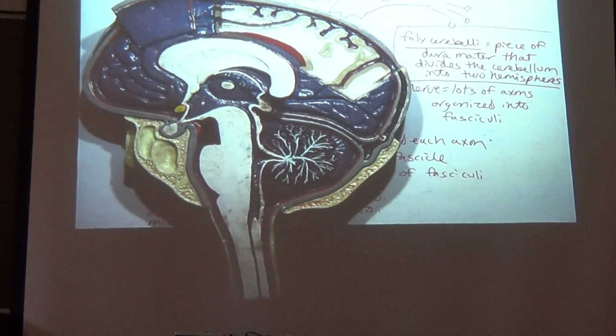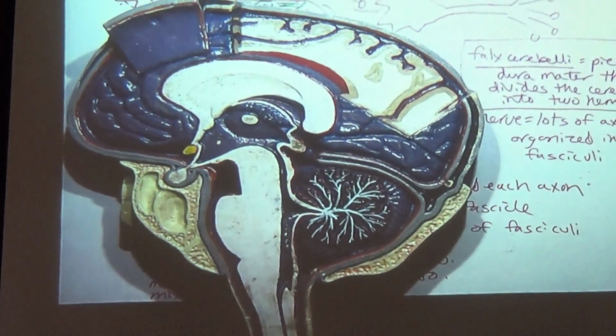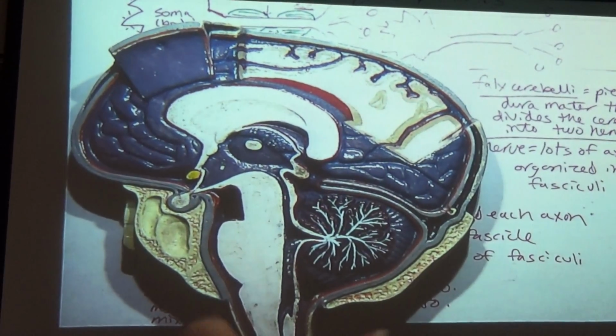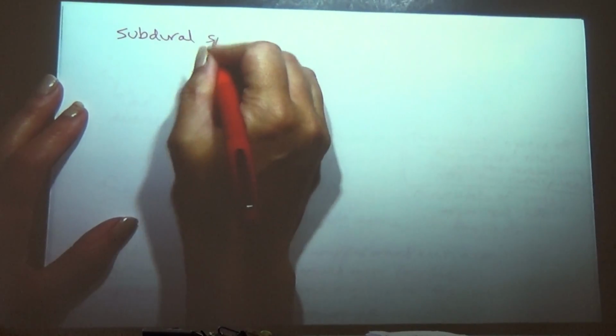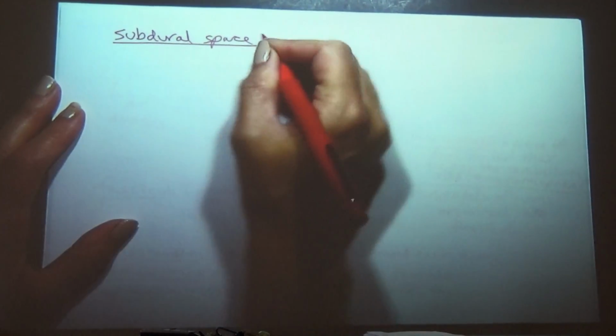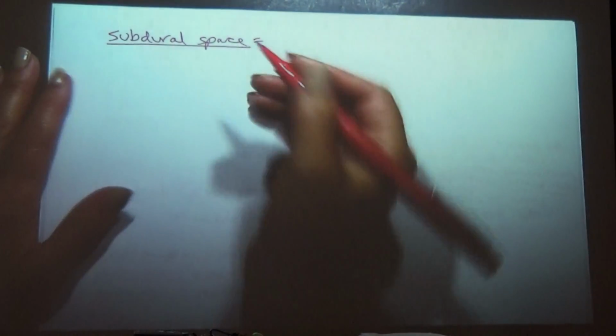Okay, the subdural space. That's also something you can't see on the model because you don't have this unless you are terribly injured on your head or dead. Then you develop the subdural space. So the subdural space is what we call a potential space. Meaning it could become a space, but it's not right now.